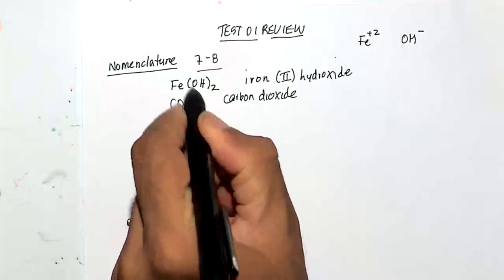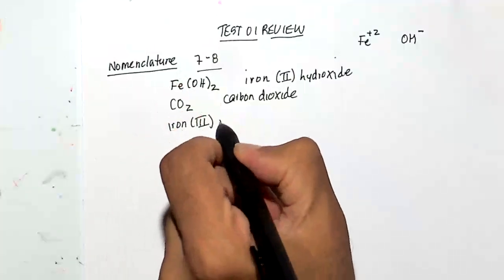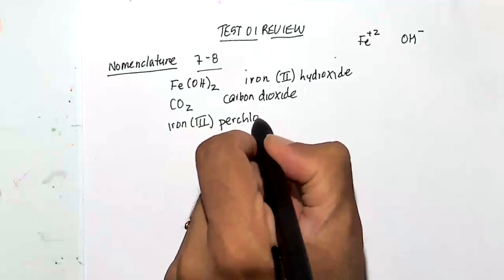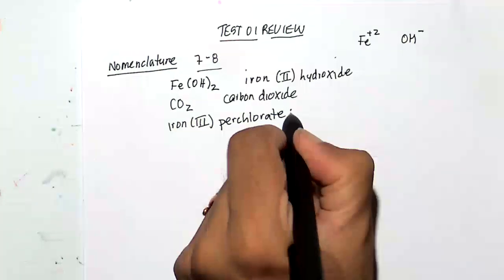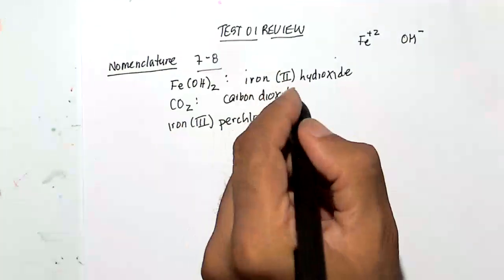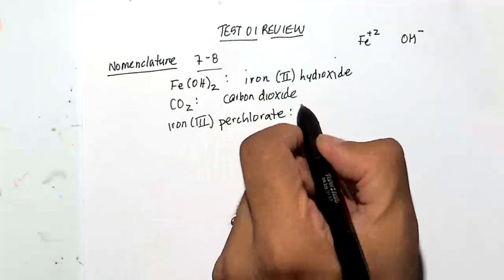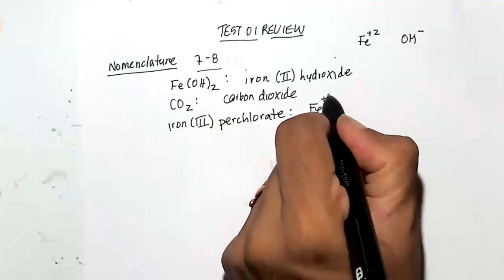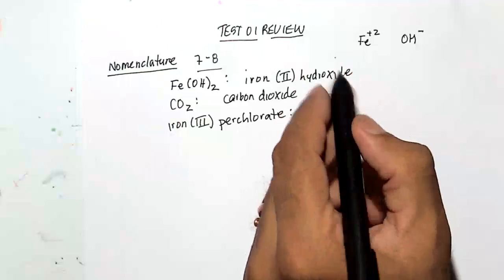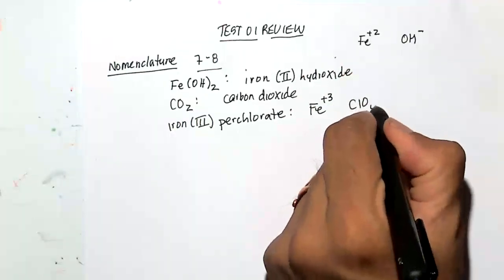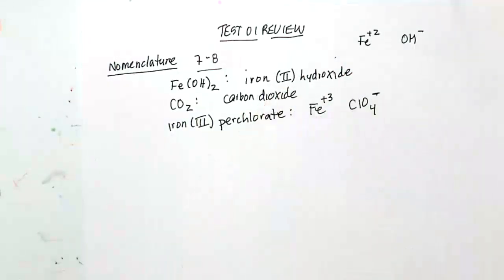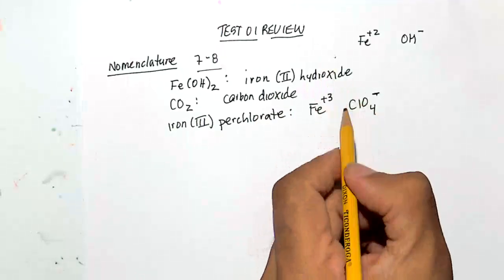How about this one here? Iron 2 hydroxide. How about iron 3 perchlorate? How will you write the formula for that? Iron is going to be +3. What is perchlorate? ClO4 minus.